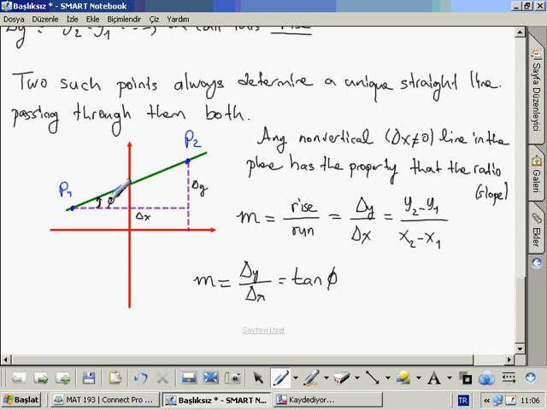As you see, this angle was phi, and tangent phi equals the slope of the line, and this angle can be larger than or equal to 0, or less than or equal to 180 degrees.